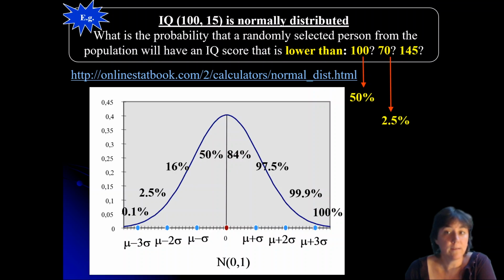Similarly, you can state that basically 99.9% of the population is below the score 145, which is 3 standard deviations or 3 z-scores above. So basically almost all of the people are here under this normal curve.